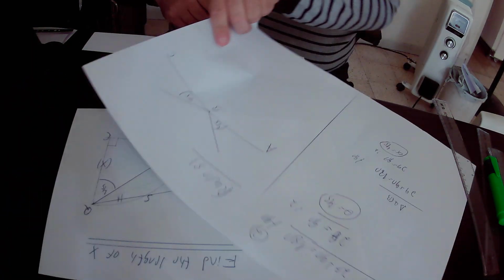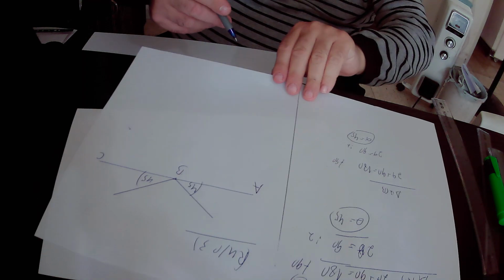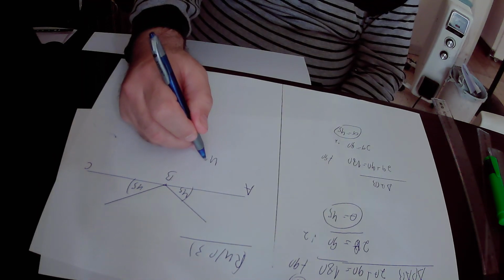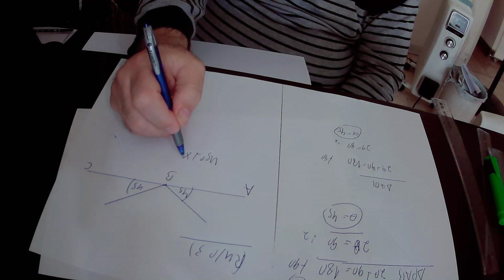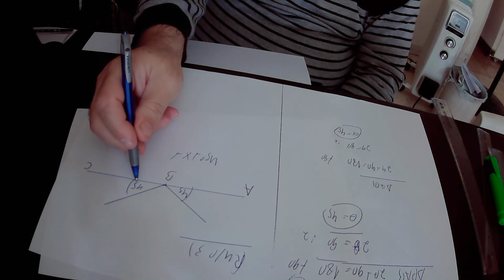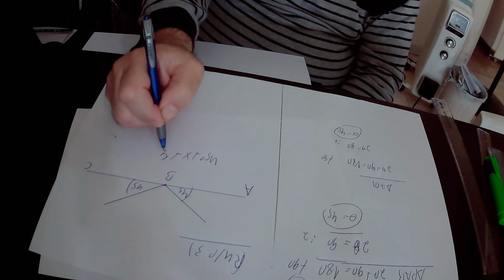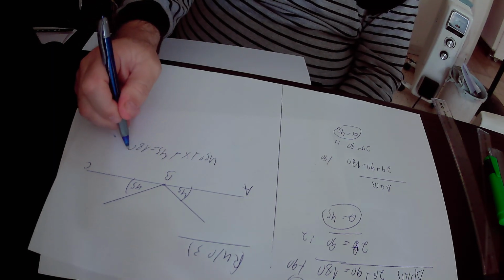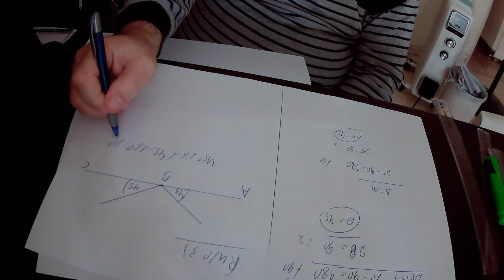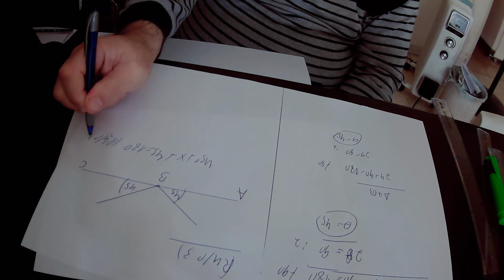We have this angle that is equal to 45 degrees plus the missing angle that we define as x plus this angle that is also equal to 45 degrees. In total, the sum of those three angles must be equal to 180 degrees according to rule number 3.